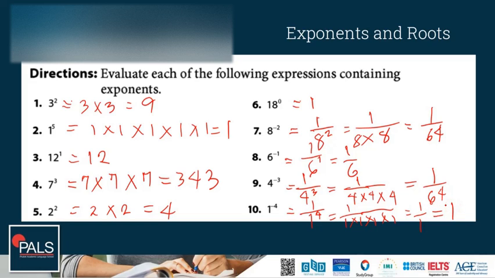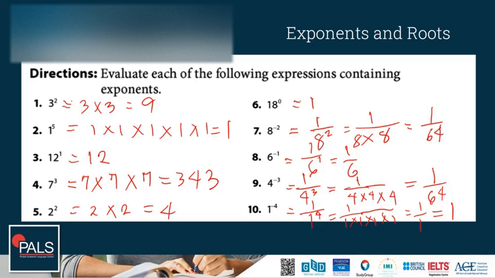So still 1. As you can see, it's easy to evaluate each of the following expressions containing exponents if you are familiar with some special rules and conditions that you need to consider.